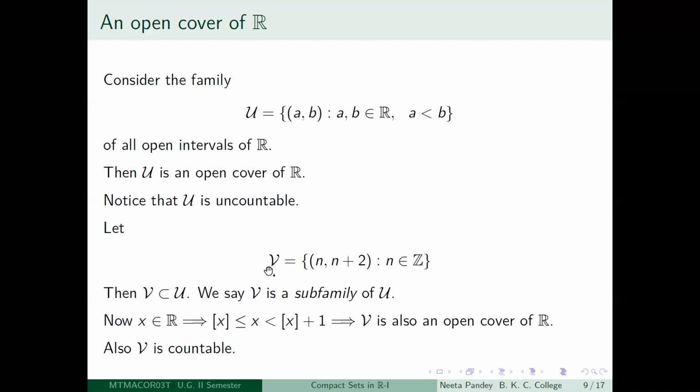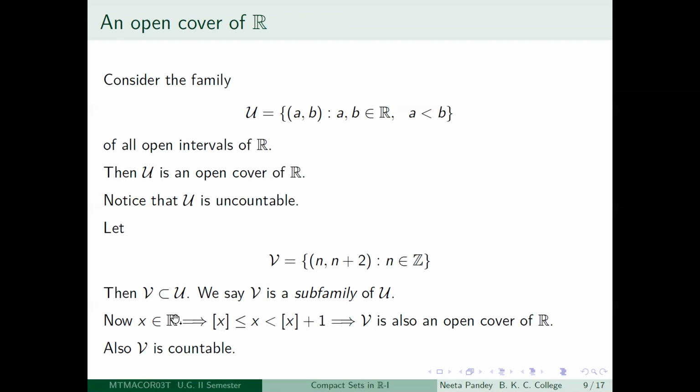Then I want to say that this will also cover your real line. And why can we say that? Because if you take any real number x, then floor of x is less than or equal to x, and x is less than floor of x plus 1, because floor of x means the greatest integer less than or equal to x. So you do have such a situation.